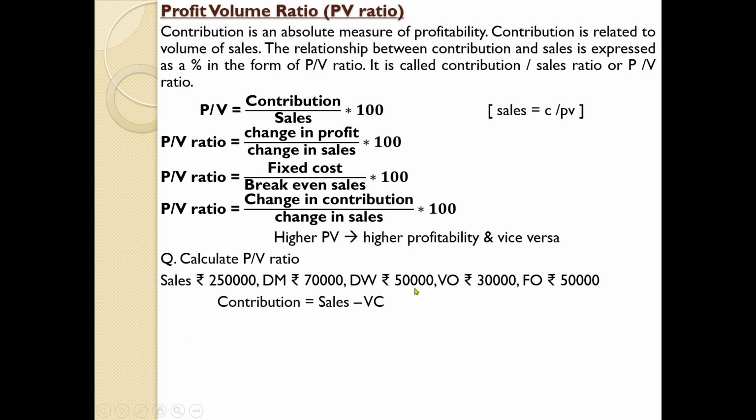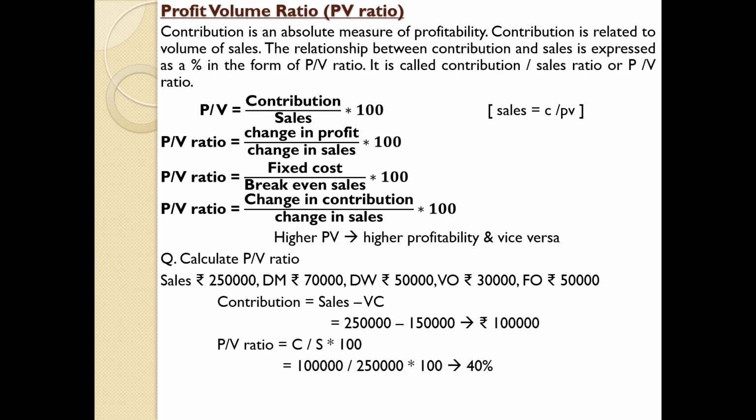Variable cost is given as a number of different items. So sales is already given, 2,50,000, minus variable cost. If you add together all those variable items, you will get 1,50,000. So contribution during the period is 1 lakh. Also, PV ratio equal to contribution by sales into 100. By substituting the values in the equation, you get the PV ratio as 40%.